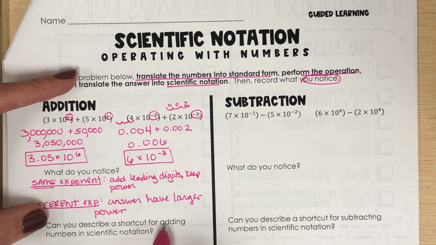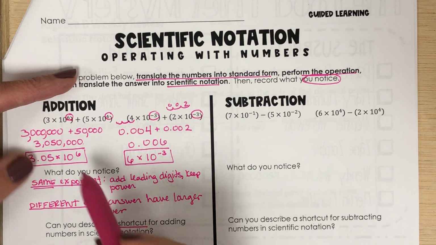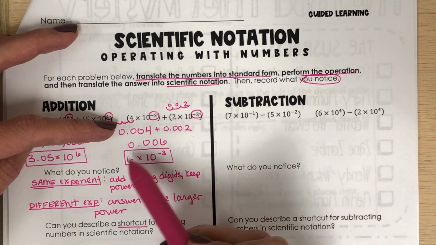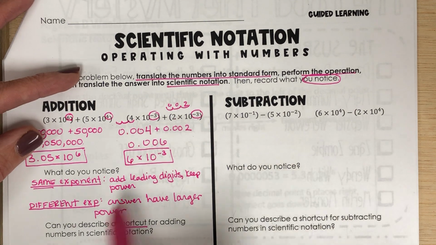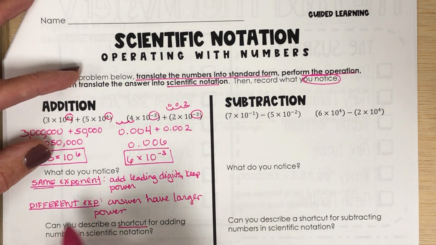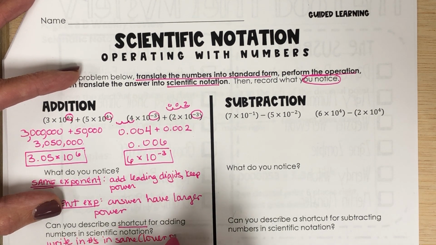So can we describe a shortcut? It's always nice to have a shortcut for adding numbers in scientific notation. When they're the same power, it's going to be really easy. I'm just going to add my digits and keep the common power. When they're different, that's a little more challenging, but we could write the numbers with the same, lower power.